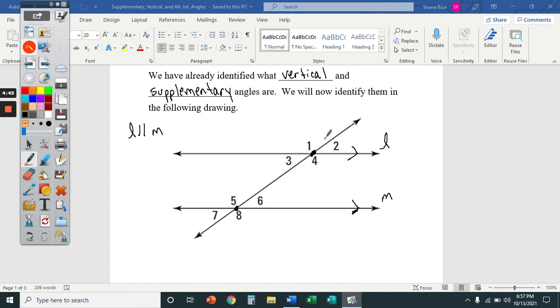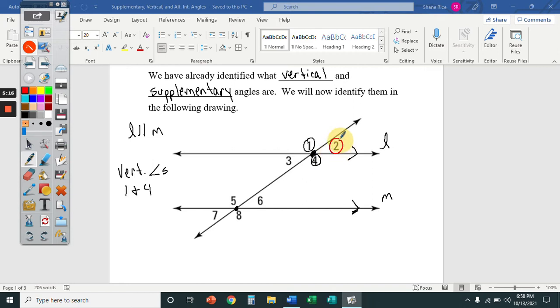So vertical angles are across from each other at a vertex. If I'm going to make a list, which we'll do at the end, and abbreviate vertical angles, I can clearly see that 1 and 4 are across from each other at this vertex. So I'm going to write 1 and 4. This little symbol in the middle is called an and sign. And I'm going to be using different colors to stay clear.